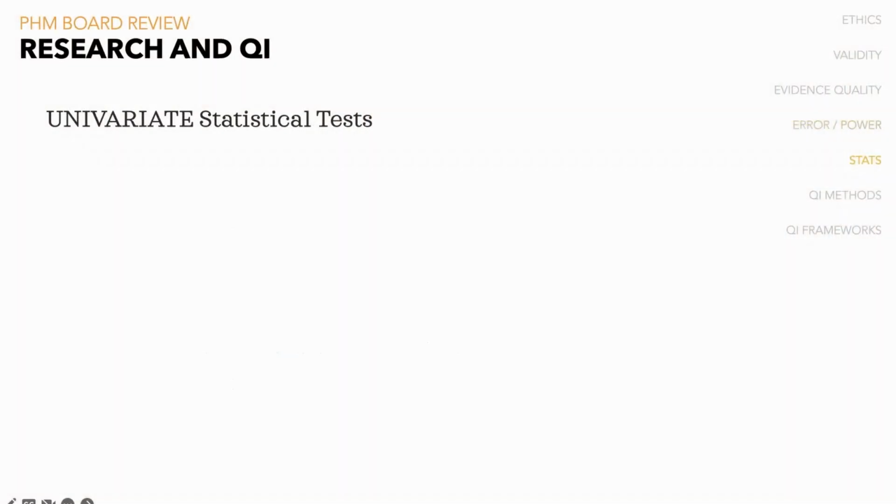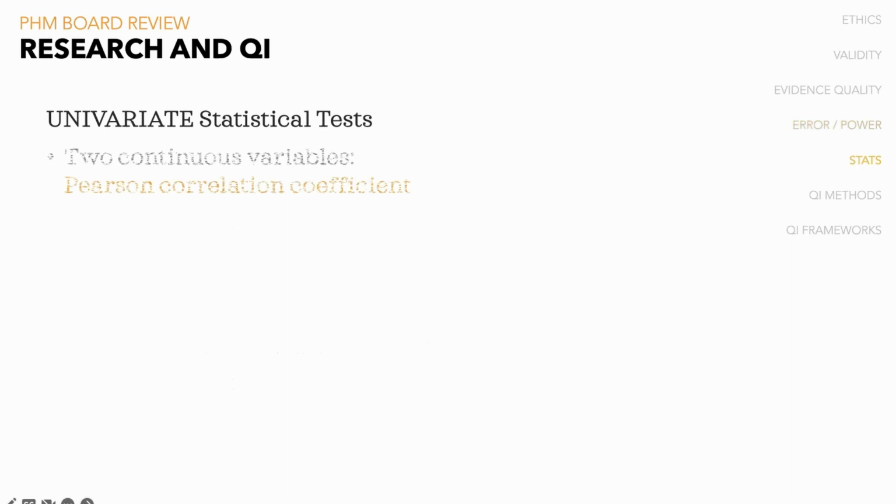And depending on what kinds of variables you have, that will determine what kind of statistical test you're going to do. So let's first talk about univariate tests. These are tests where you have a single variable that you're looking at as your outcome variable and a single variable that you're looking at as your exposure variable.